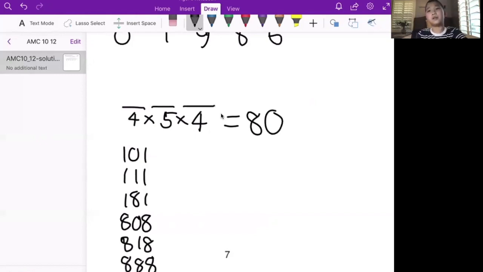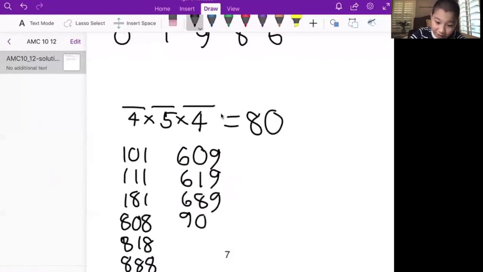Are we done? No. If you look at something like 609, surprisingly, this thing flipped over is also 609. And there are 619, 689.